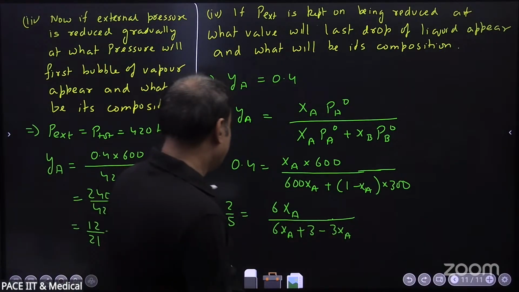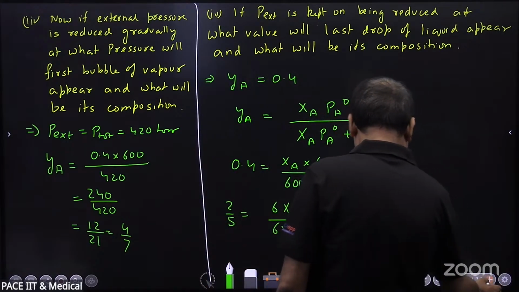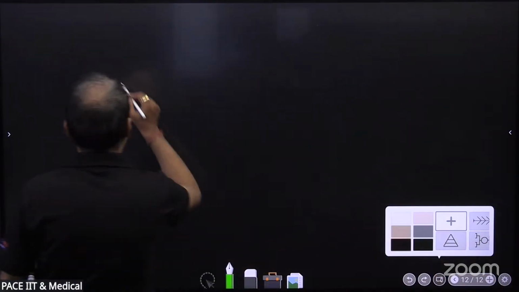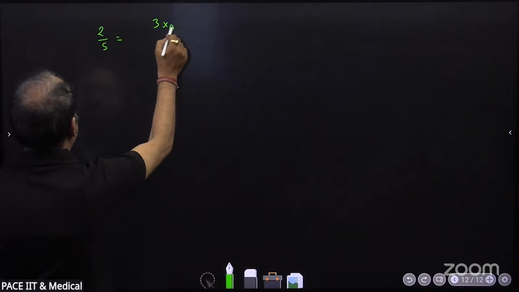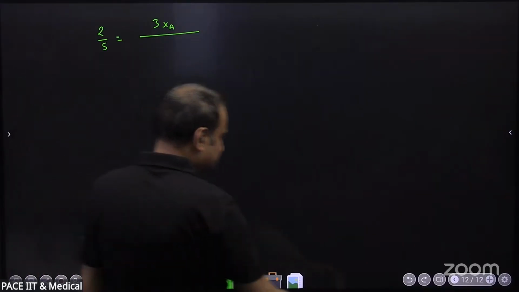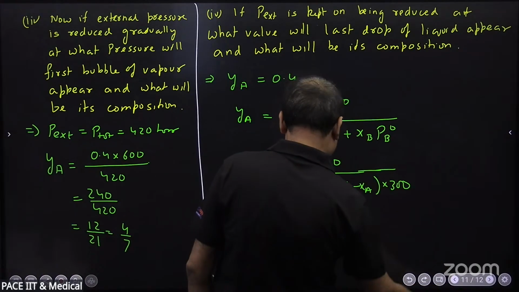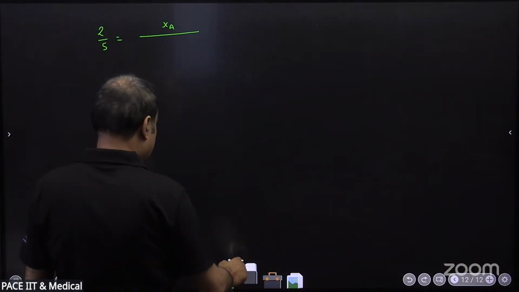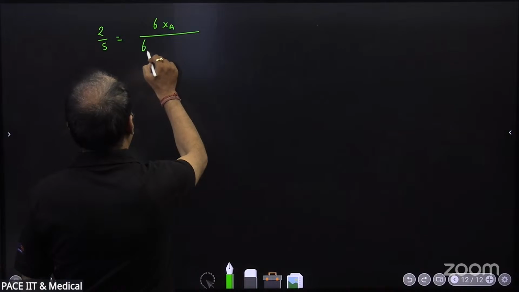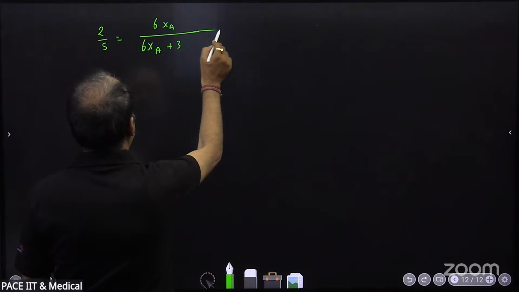Correct? So what does this equation become? 2 by 5 is 6XA upon 6XA plus 3 minus 3XA.